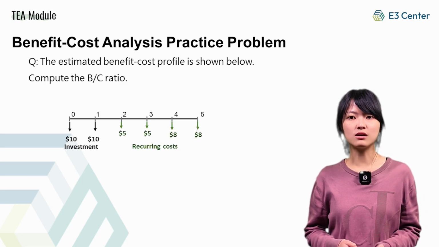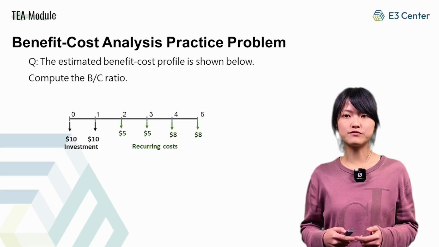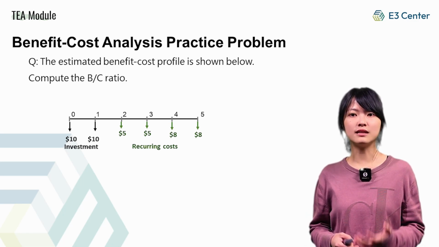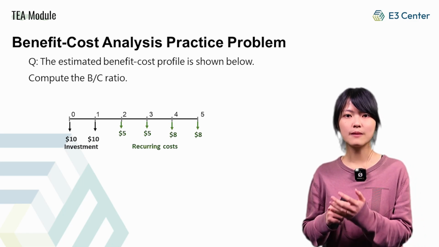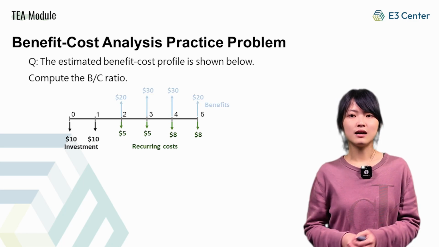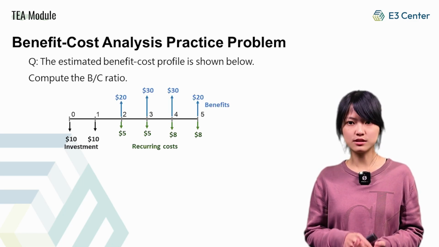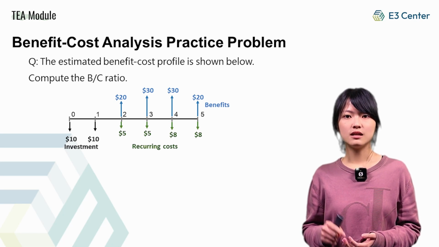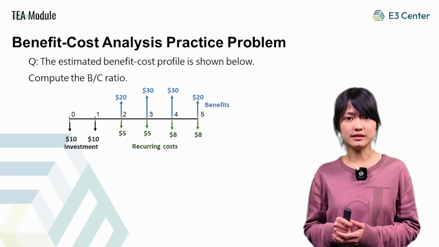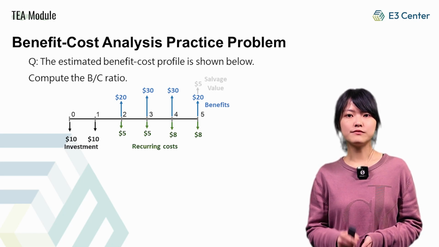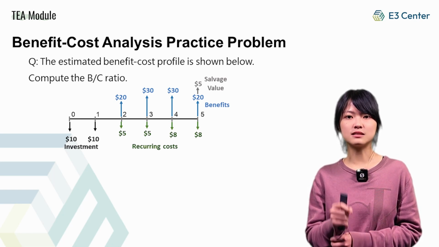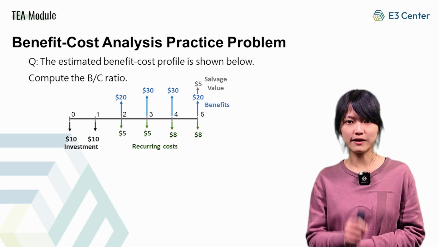For recurring costs, they occur annually from year 1 through year 5, starting at $5 and increasing to $8 in the year 4. And for benefit, starting from year 2, the project generates $20 annually, increasing to $30 in year 3 and year 4. And for salvage value, an additional $5 benefit will occur in year 5.